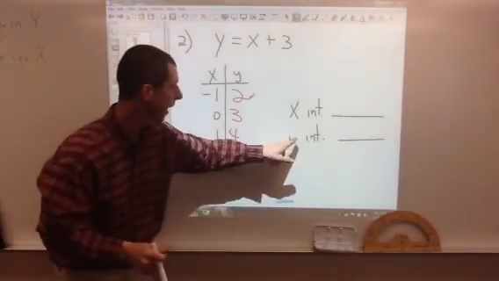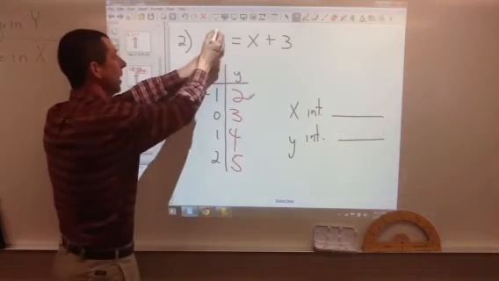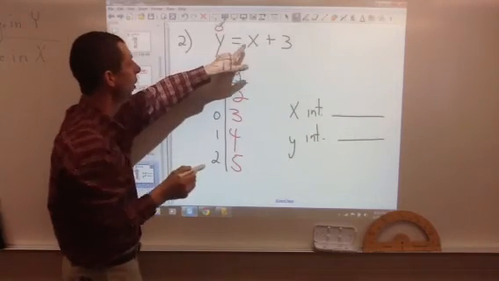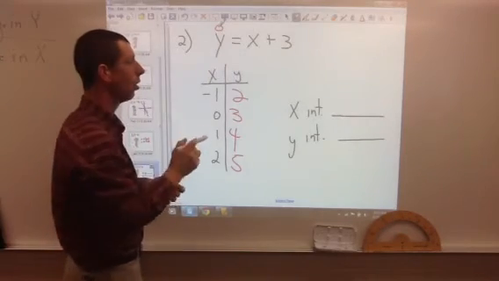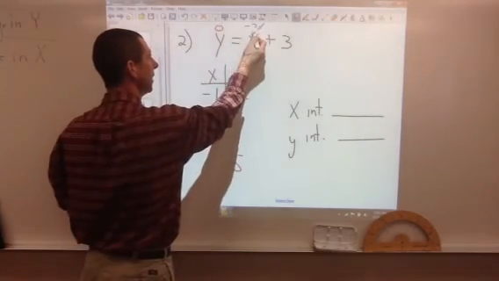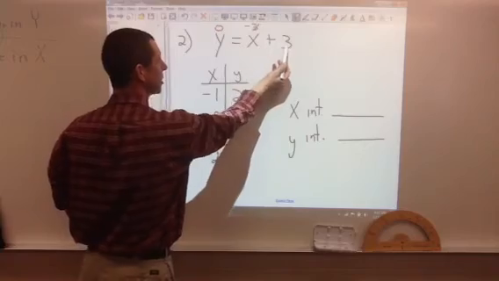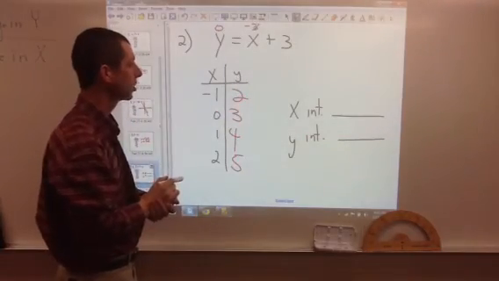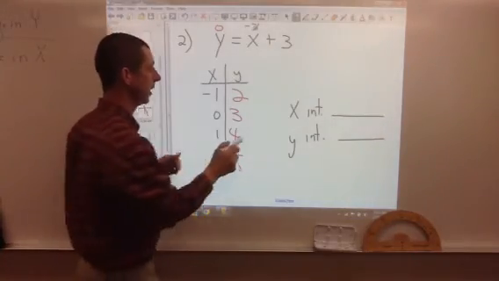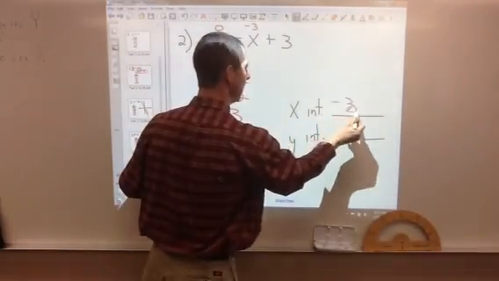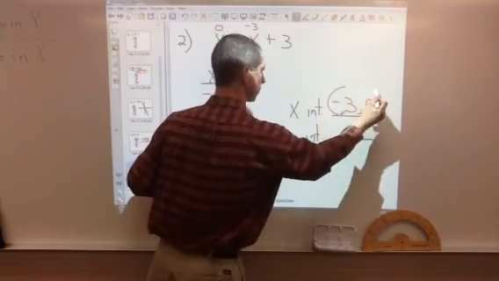X first, so that means we put 0 in for y. If I put 0 in for y, what does x have to be in order to make this thing true? Well, it would have to be -3. -3 plus 3 is 0. So my x-intercept is going to be -3, 0.